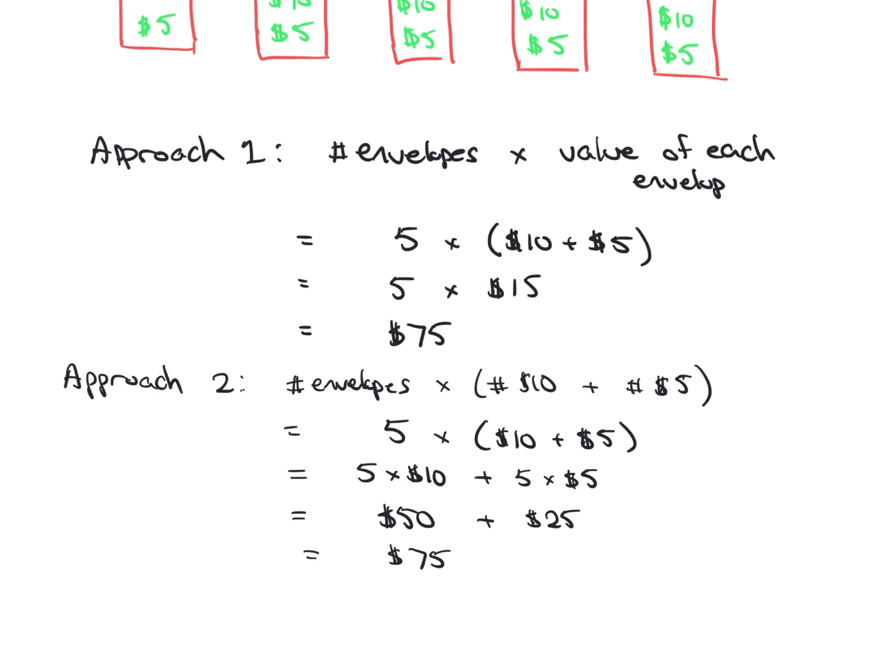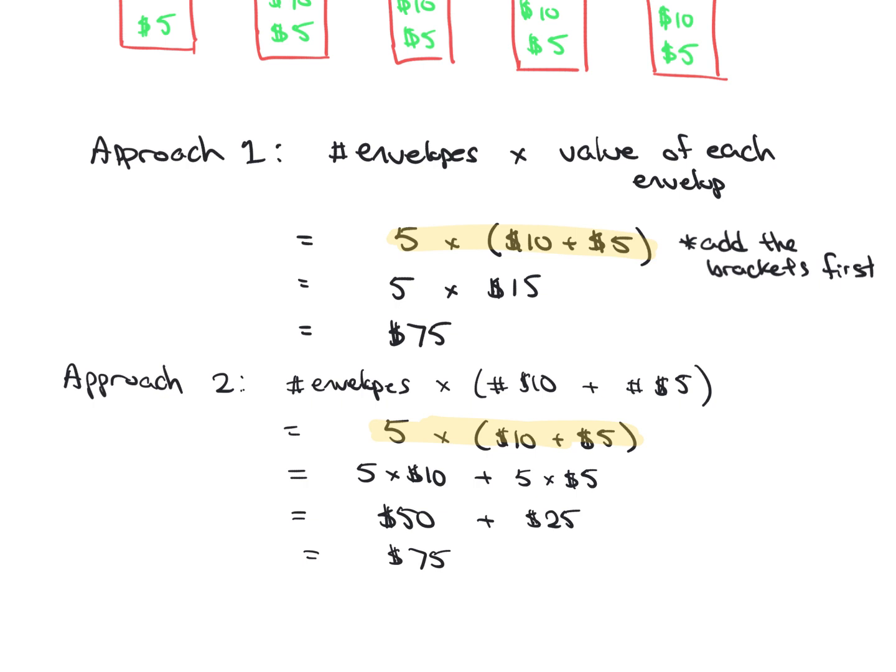So there's a difference in approaches here. However, I want you to know that they both start off looking like this, what I'm highlighting here in yellow. They both start off looking like 5 times brackets 10 plus 5. So method 1 is to add what's inside the brackets first. But the second method is different.